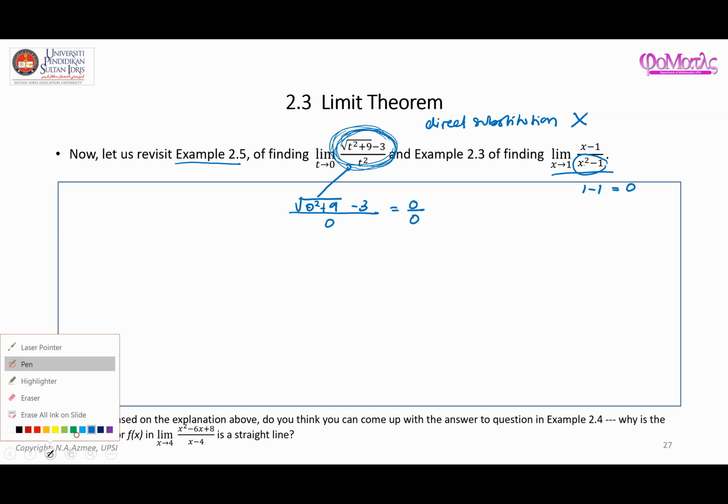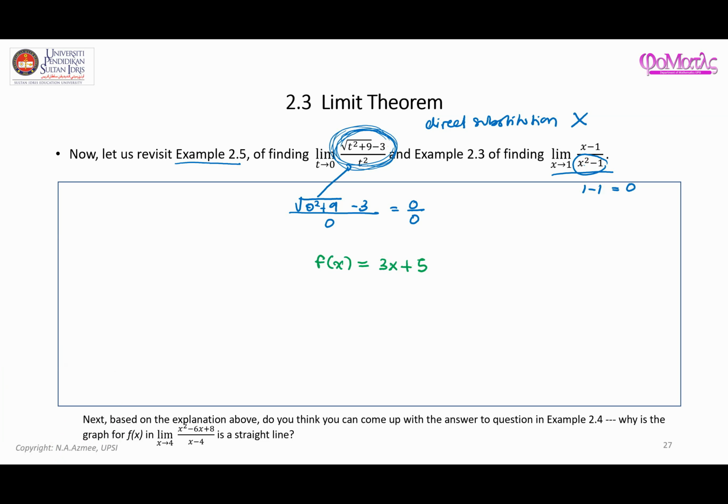For example, let's say I have this function, f(x) equals 3x plus 5. It is also similar if I write f(x) equals 3x plus 10 minus 5, because the end result is still 3x plus 5. If I want to make it slightly more complicated, I can also say that this is equal to 3x plus 10 minus 5 plus 40x squared minus 40x squared.